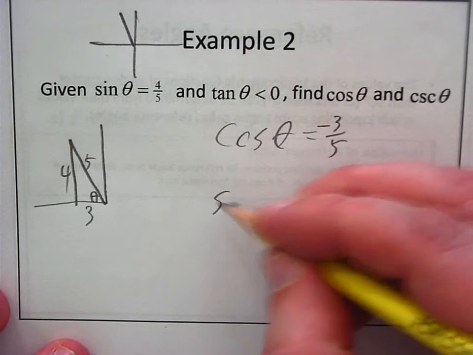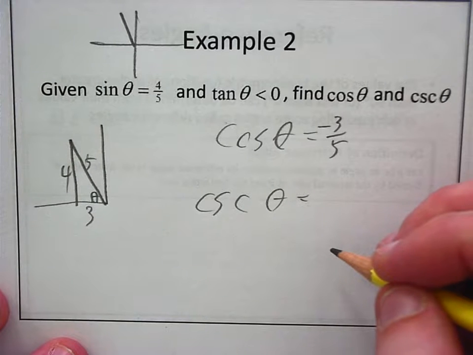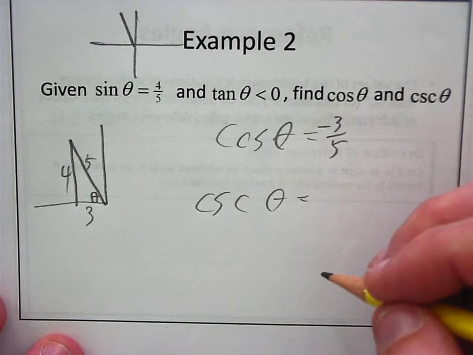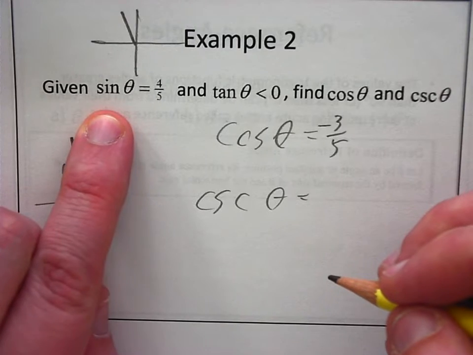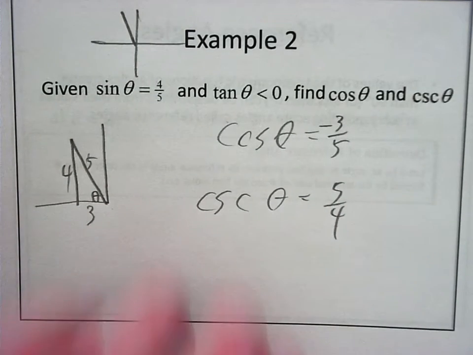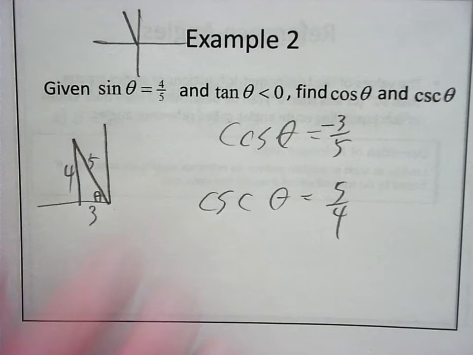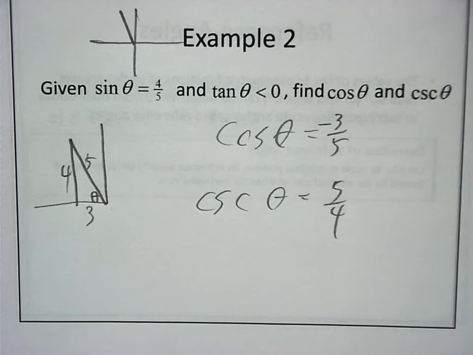Cosecant would be what? 5/4. Cosecant is the reciprocal of sine. So since sine is 4/5, this would be 5/4. And cosecant takes its positive or negative from sine. Secant takes it from cosine. Cotangent takes it from tangent. Questions so far?